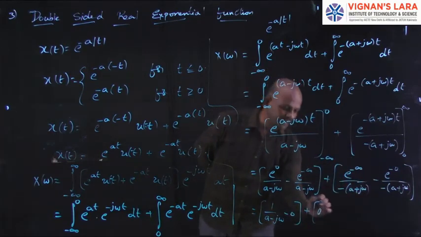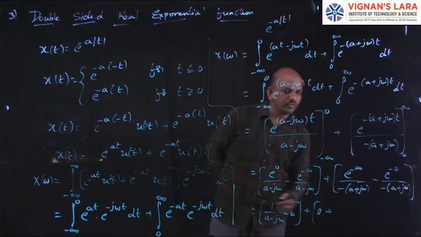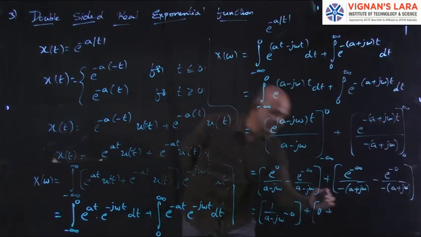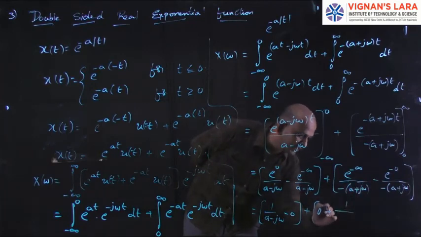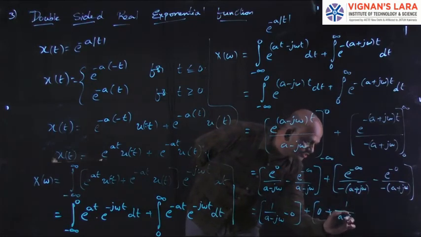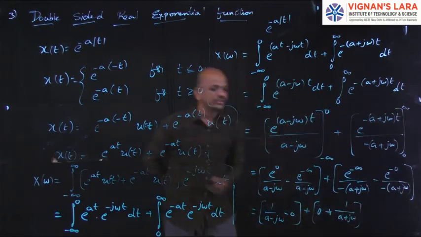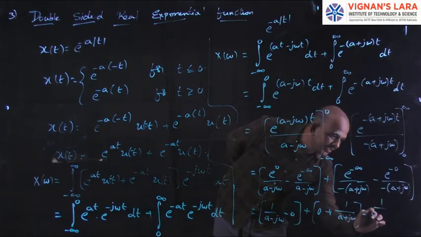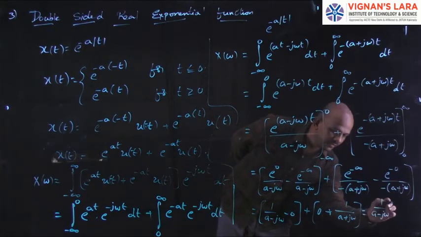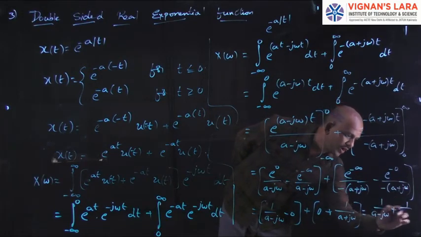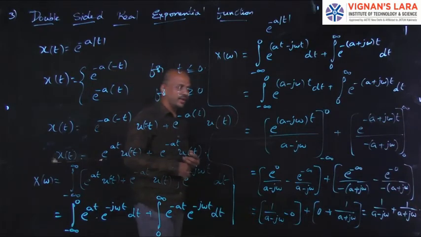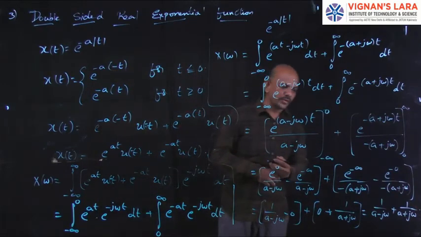So minus of minus plus e power minus 0, 1 by e power 0 is 1 by 1, so minus of minus is already plus, so simply 1 by a plus j omega. So finally I got 1 by a minus j omega plus 1 by a plus j omega.